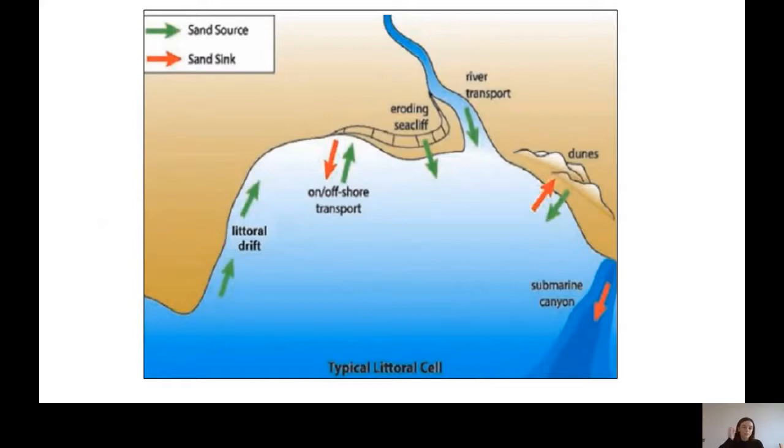In this diagram, we have a typical sediment cell, which has inputs, processes, and outputs. Now, an example of an input here is a sand source, okay? For example, rivers, cliffs, and sand dunes.